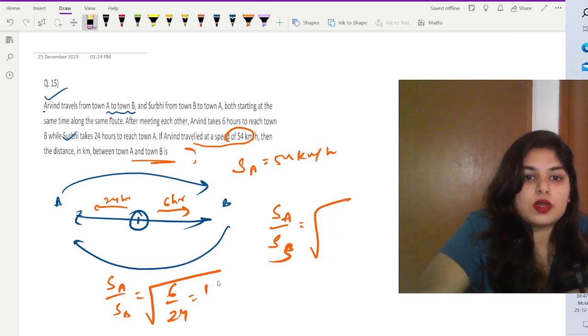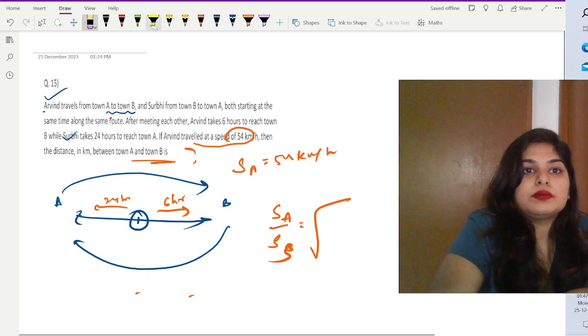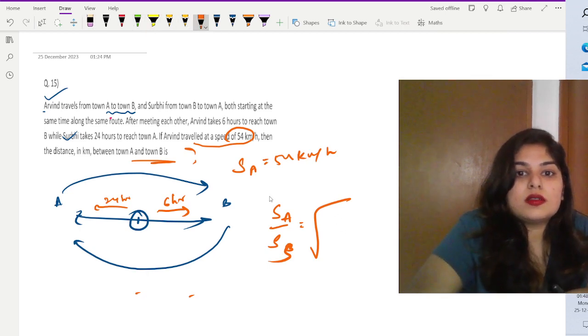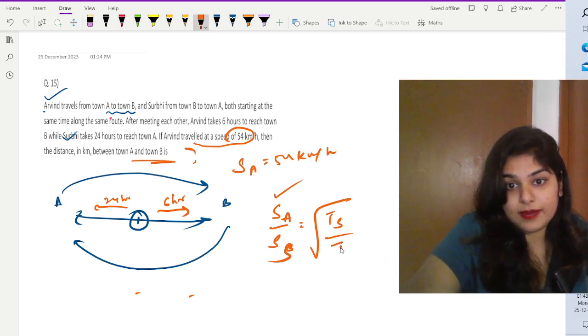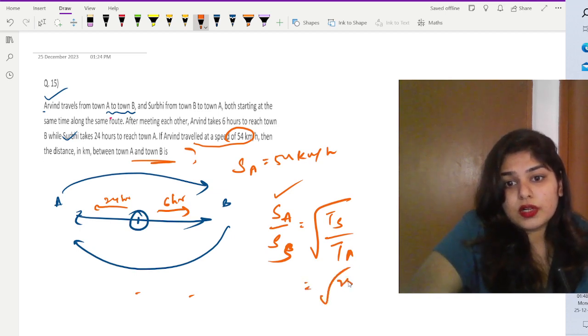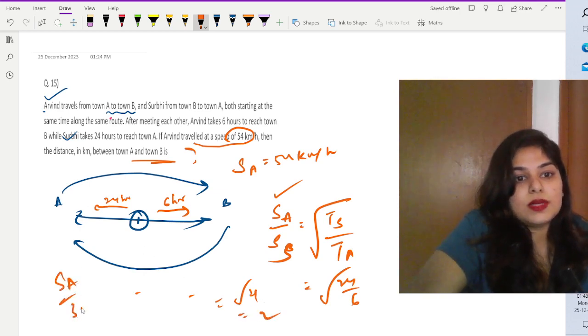Sorry, it's the reciprocal of the time, so this is speed of A by speed of B is equals to the time taken by Surbhi divided by time taken by Arvind to complete after meeting each other, which is root over 24 by 6 is equals to root over 4 is equals to 2. So basically SA by SB is equals to 2.